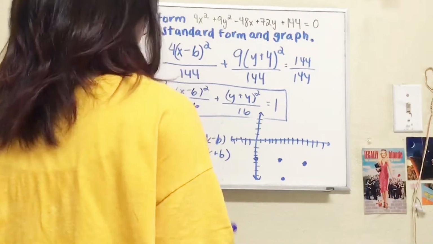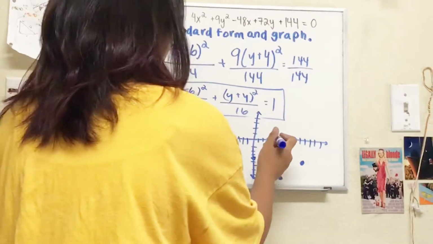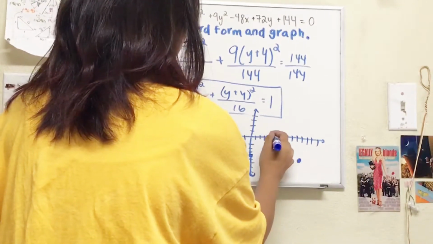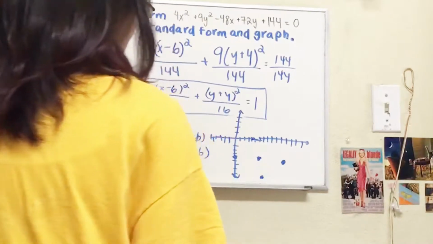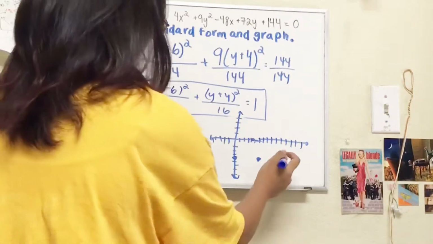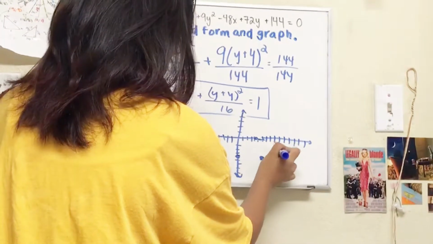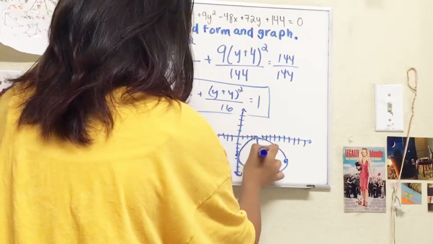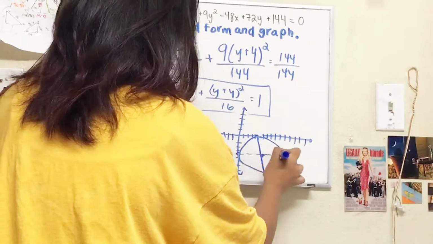So our point will be 6, 0. So now all that is left is finishing the ellipse, and to finish the ellipse, we just draw it out. So the ellipse looks like that.